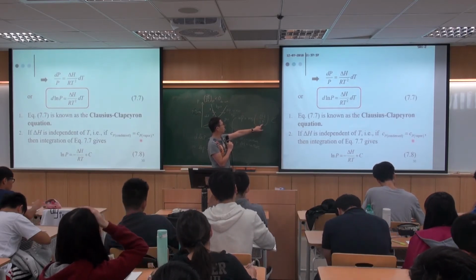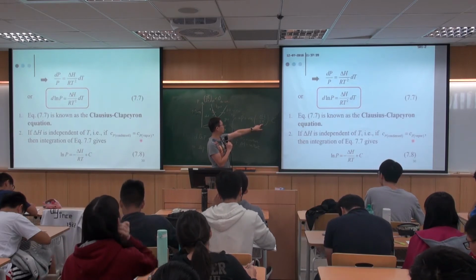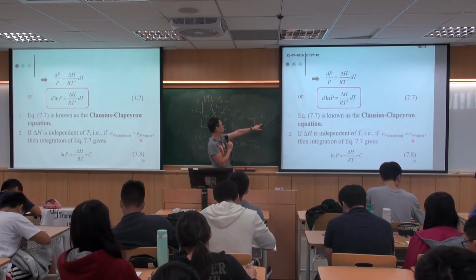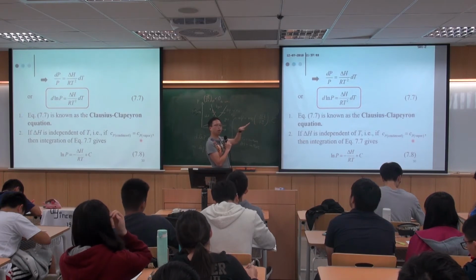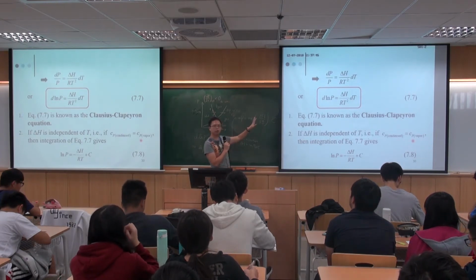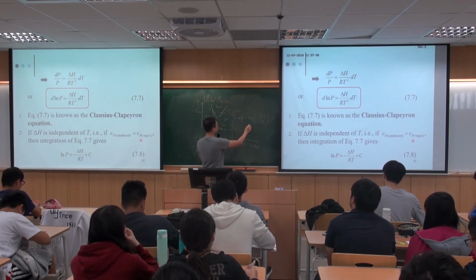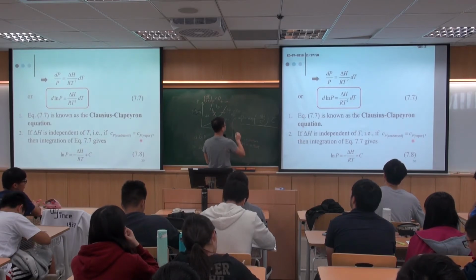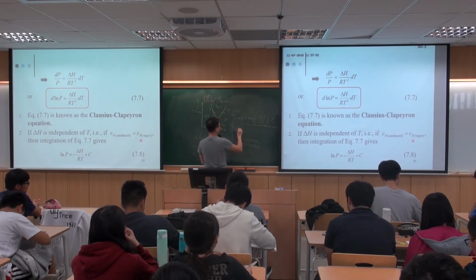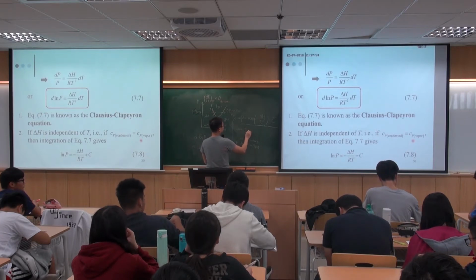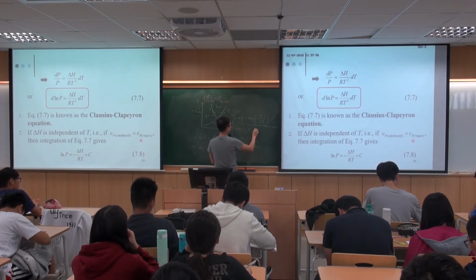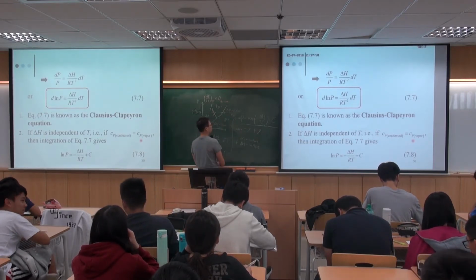But since the temperature is in the denominator, when you increase the temperature, the pressure will actually increase, right? So this tells us that when temperature is increasing, then the pressure will also increase.